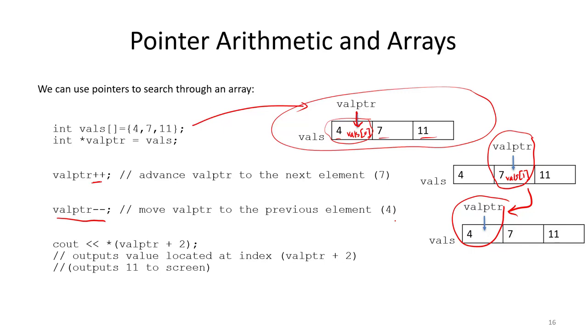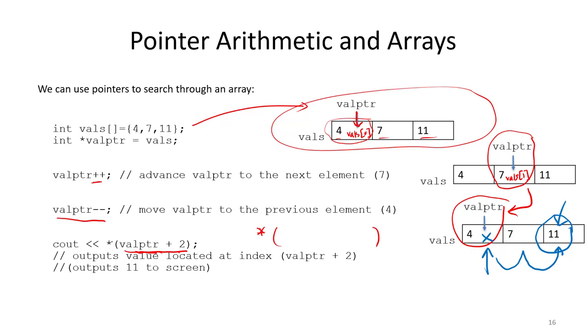There's also some funny little tricks we can do when accessing data. Notice I have an asterisk and I have parentheses here. If I say asterisk, parentheses, valptr plus 2, that means I go where valptr points and I increment by two items in that array, and then I can return the value stored at that index.